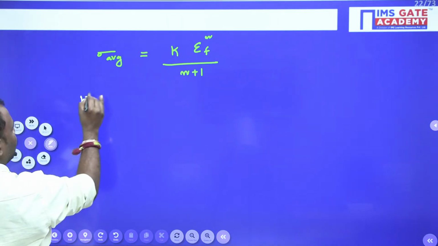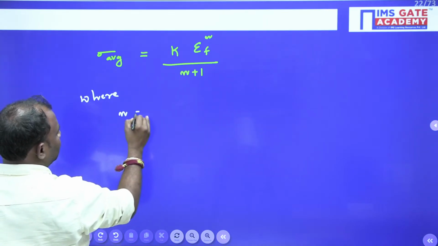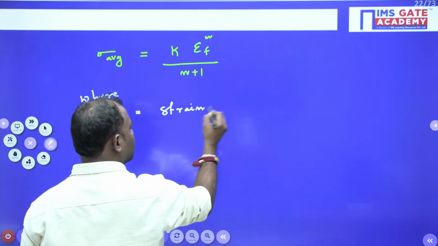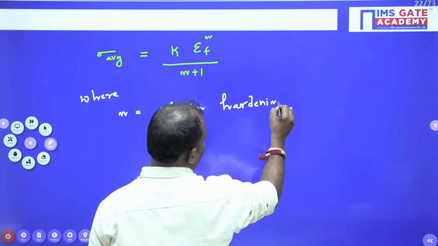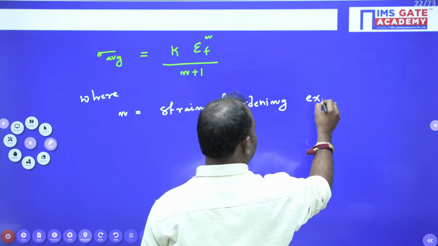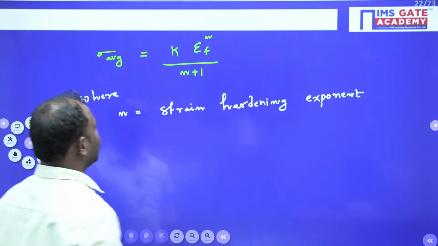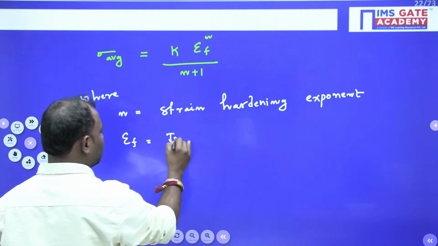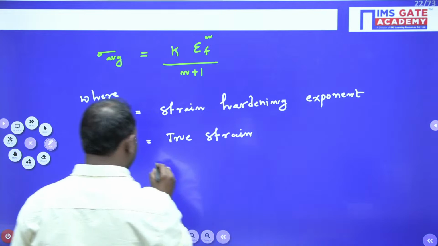Where n is the strain hardening exponent, and epsilon F is the true strain.